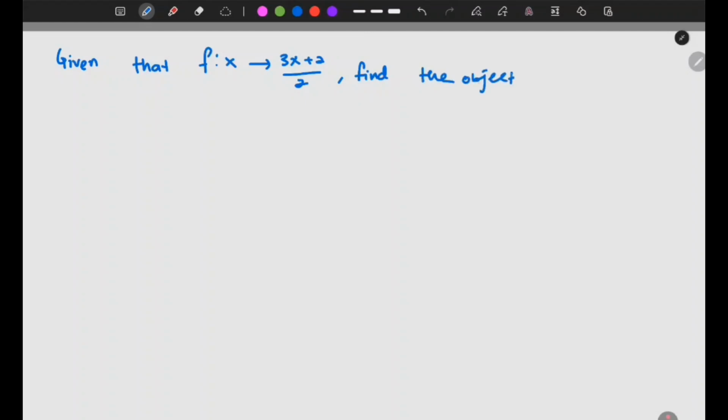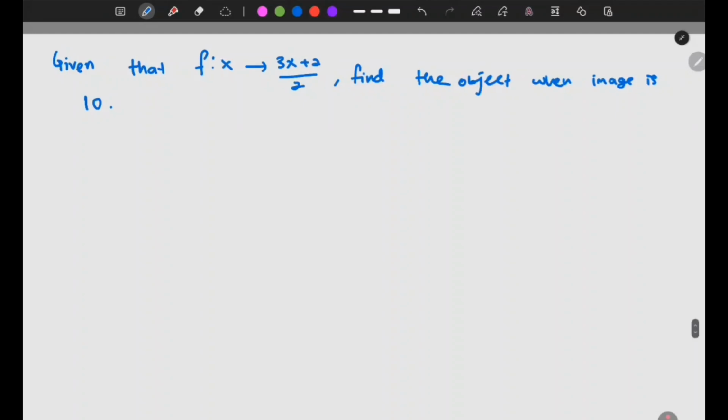Now, given that f(x) equals (3x + 2)/2, find the object when the image is 10.